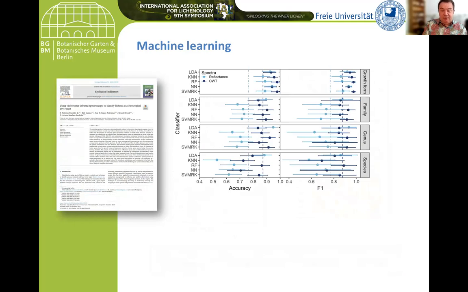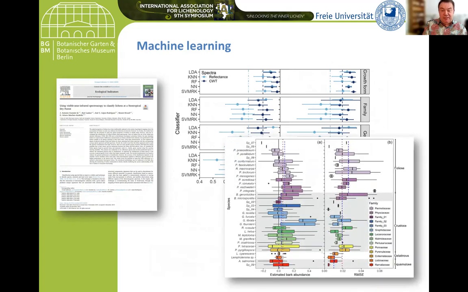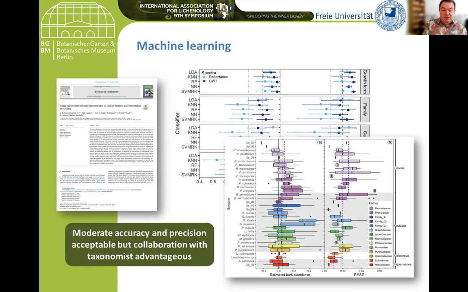And here's also an interesting study that used machine learning to calculate the abundance of lichens in a tropical dry forest through near-infrared spectroscopy. My goodness, this is also a very interesting approach. I think there was no taxonomist involved here. I looked at the identifications and they seem to make sense, but this is something where moderate accuracy and precision are acceptable, because it's more of a proof of concept study.